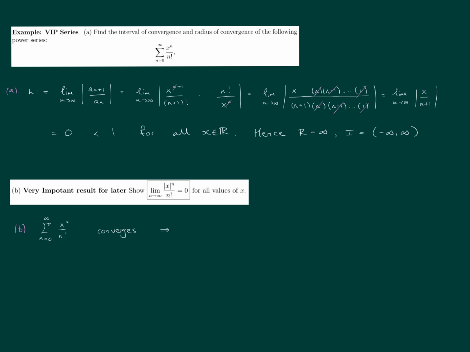So by the divergence test, the terms have to go to 0. So it says that the limit as n goes to infinity of x to the n over n factorial has to go to 0 for all x, which implies that the limit of the absolute values of these terms goes to 0, because if they go to 0, then their absolute values go to 0.